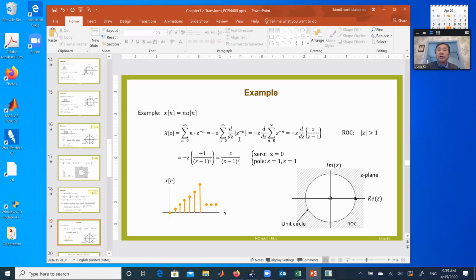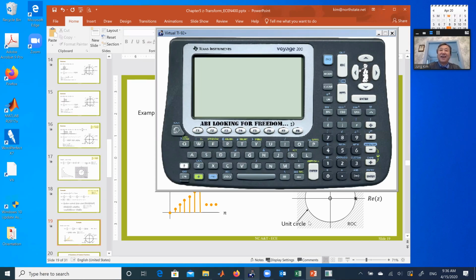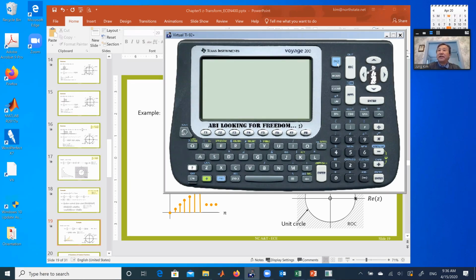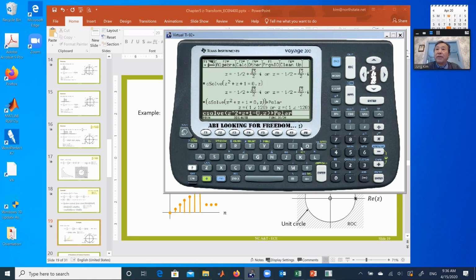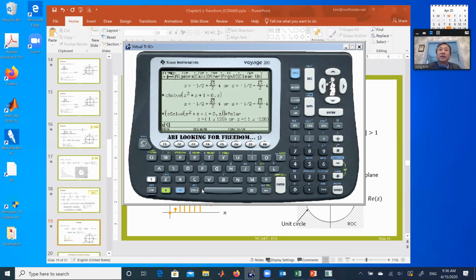Okay, so I'll use my calculator. Take the derivative of g to the minus n with respect to g.